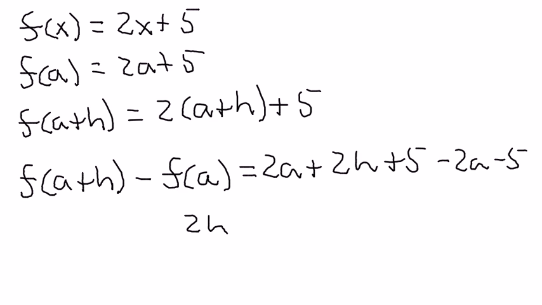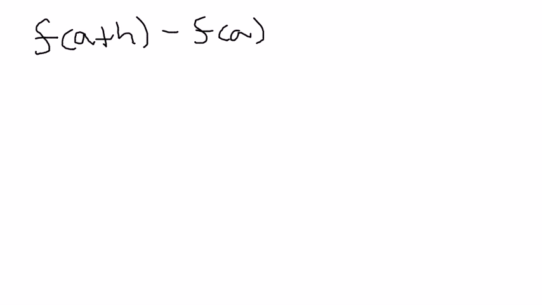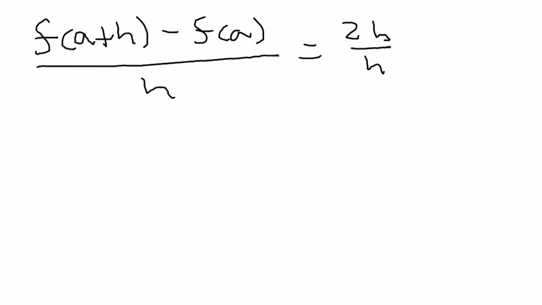And then the final part of this is the most important concept, what we call our difference quotient. And that's f of a plus h minus f of a, over h. And if I were to evaluate this for this problem, it would be 2h divided by h, which is just 2. Eventually, down the road, that's going to become part of our derivative when we start taking a look at limits and things like that.